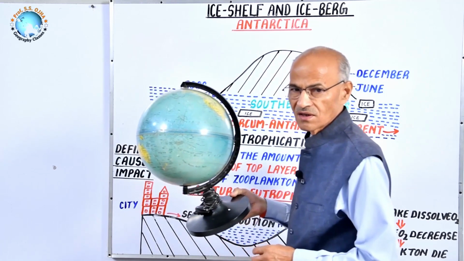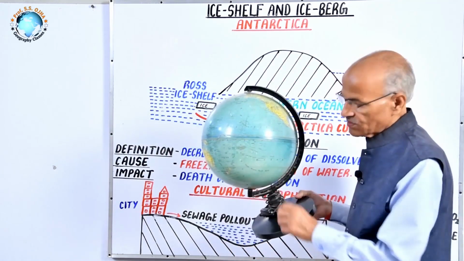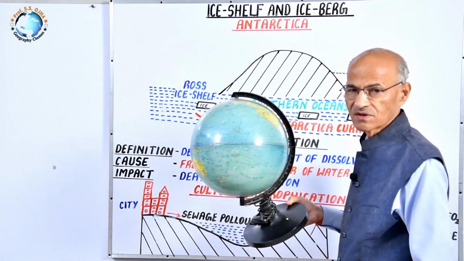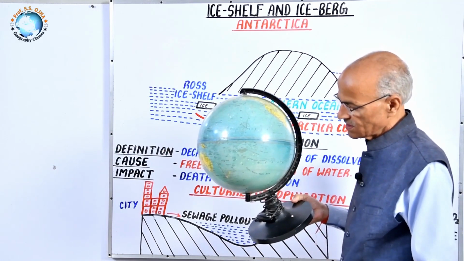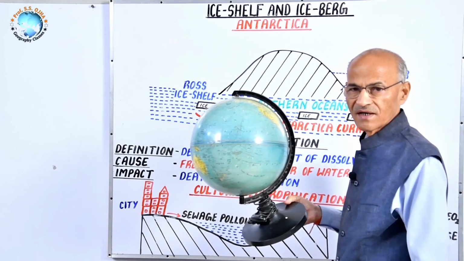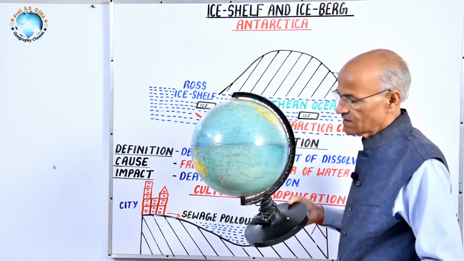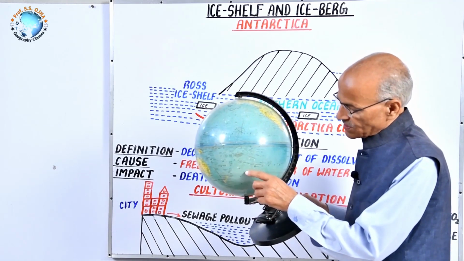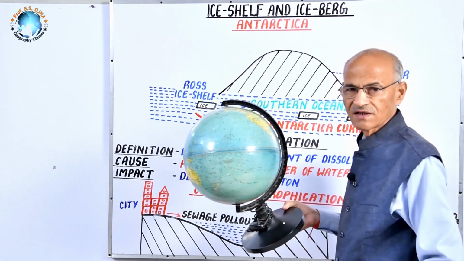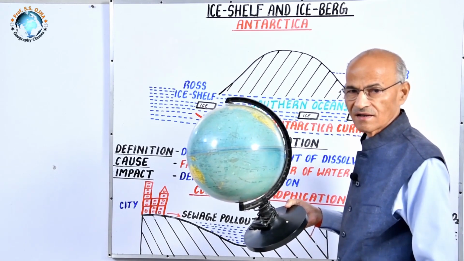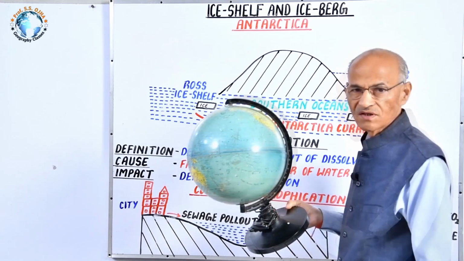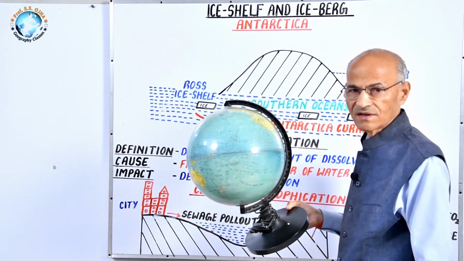Why does it move from west to east? You might be knowing its reason. It is due to the temperate cyclone of the south hemisphere caused by the roaring 40s, furious 50s and shrieking 60s, and collision of these with the southern polar winds.